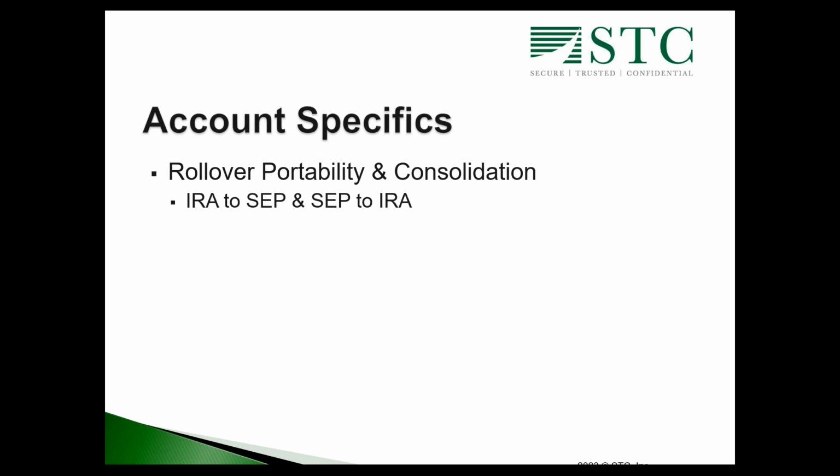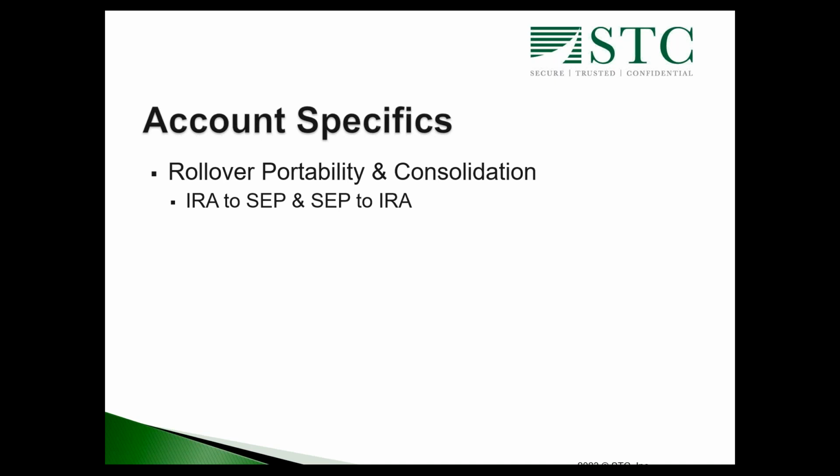Now, I do want to talk just briefly about moving money between different types of accounts: rollover, portability, and consolidation. There are 2 different types of accounts, pre-tax and post-tax accounts. So you can move money from a traditional IRA into a SEP account, and from a SEP account into an IRA.